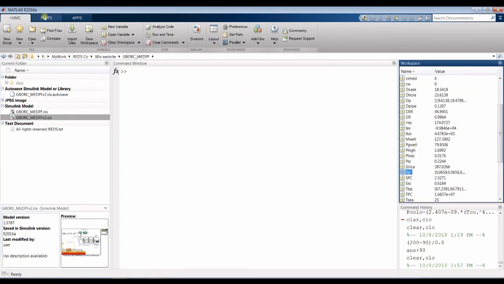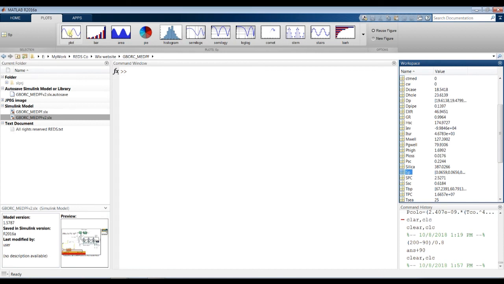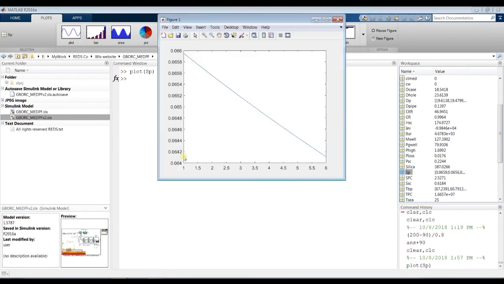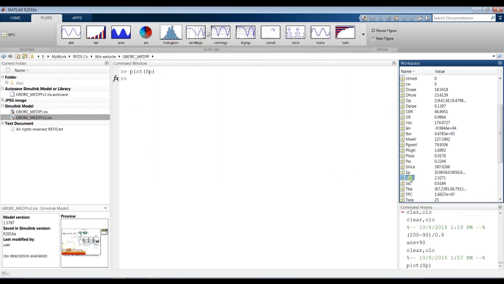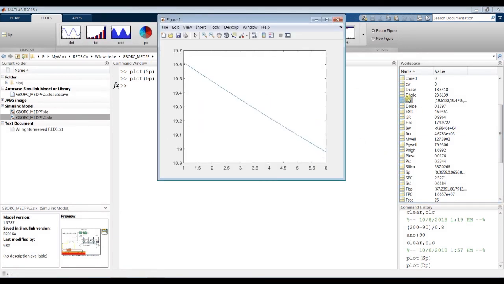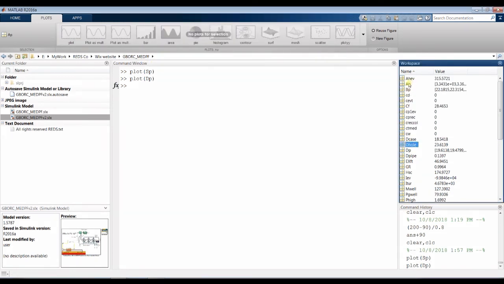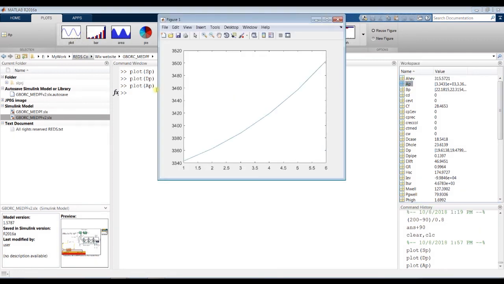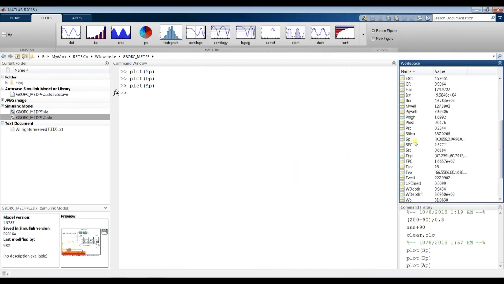This is the salinity profile, this is our distill profile, and sure, this area profile for MED, effect by effect, 6 effects. Okay, you can draw a number of effects.